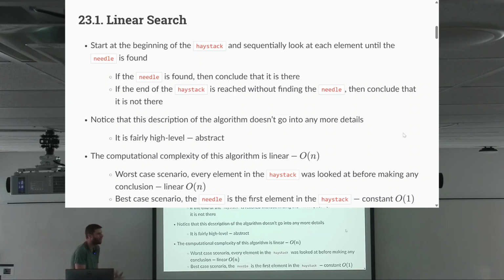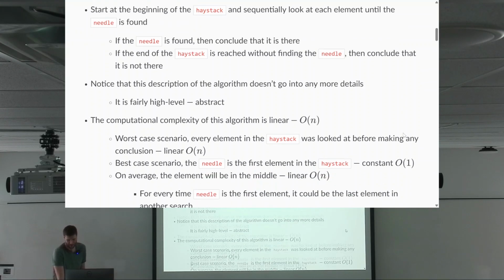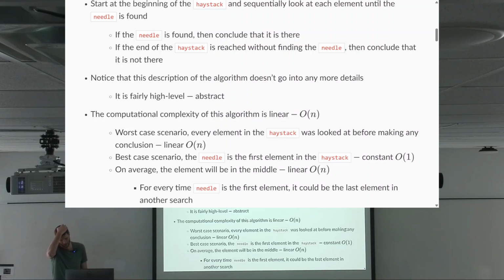So you have to have looked at everything before you can conclude that the thing is not there. So it's going to be linear. Worst case scenario, every element in the haystack was looked at before making any conclusion. Best case scenario is the needle is the first element, so okay, it's one thing, but we often don't really care about the best case scenario. We always think, well, how bad is it going to be?